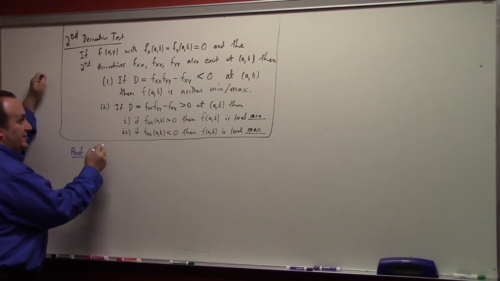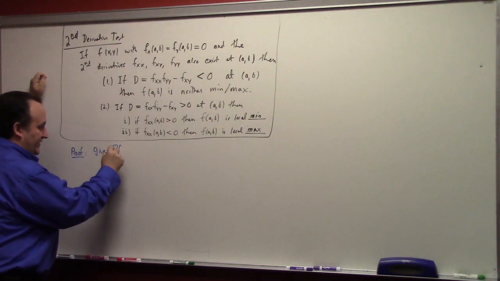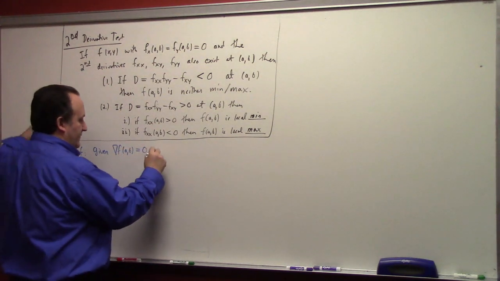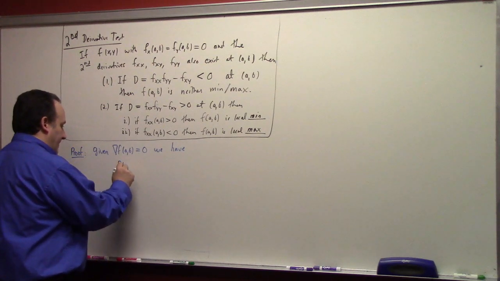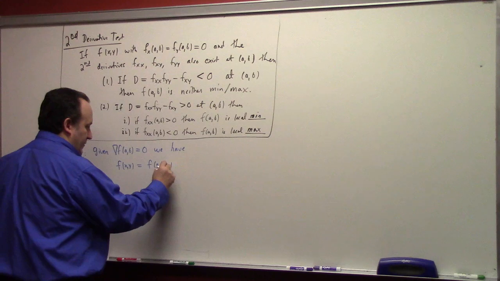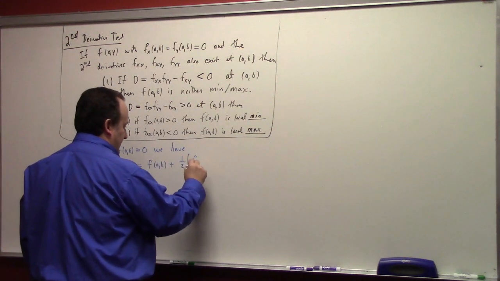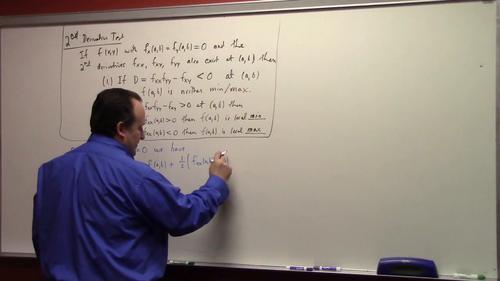Given that the gradient of f at a, b is equal to 0, we have that f of x, y is equal to f of a, b plus what? Plus 1/2, right? fxx, I shouldn't have erased that, oh well. x minus a, we only need this much of it though.